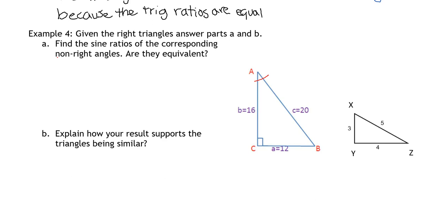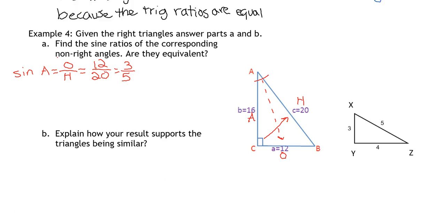So I'm going to start with the sine of A, which equals opposite over hypotenuse. So again, we have our hypotenuse, our opposite side, and our adjacent side. So my opposite is 12 over 20. That does reduce to 3 out of 5.